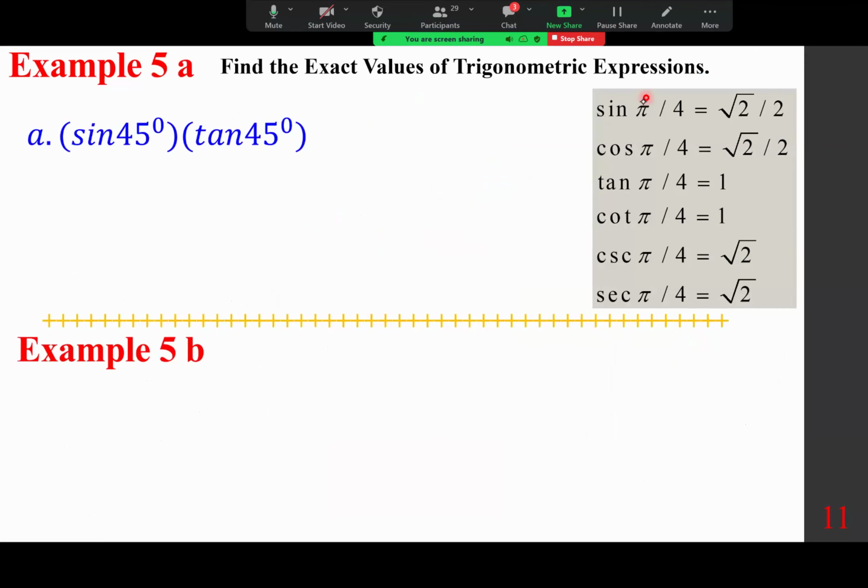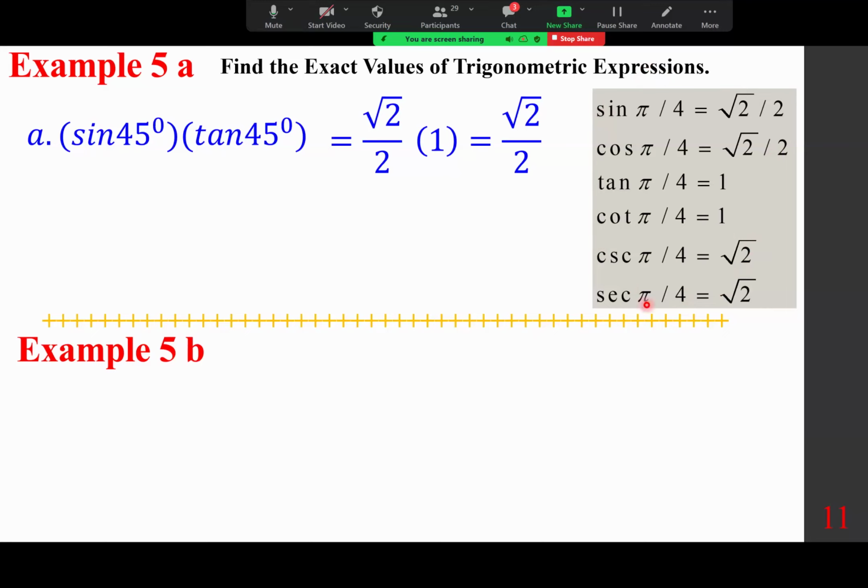Now we want to find the exact values of trigonometric expressions. Sine 45 times tan of 45. You plug in square root of 2 over 2 here, 1 here, and the product is square root of 2 over 2. Again, I put them here.